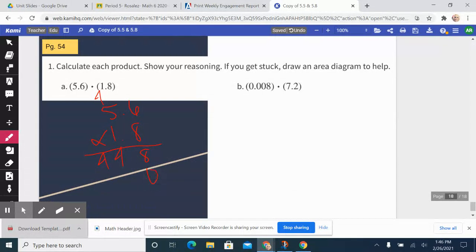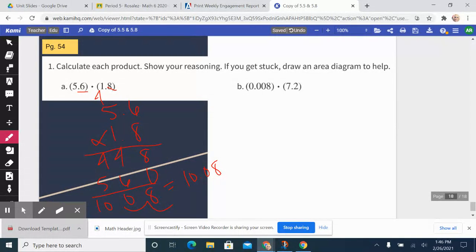Have your placeholder. And then 1 times 6 is 6. 1 times 5 is 5. And then I get 1008. Your original problem has 2 places. Move it over 2, and you get 10.08 for that one.